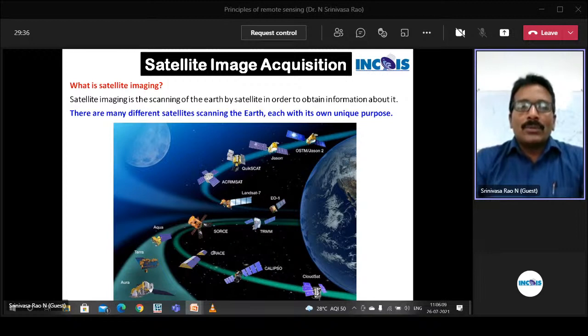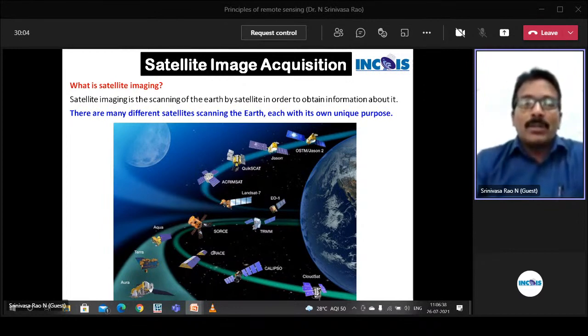Now, if you talk about Earth applications, we classify these into 3 groups. First is land application, then ocean application, and atmospheric application. Once we receive the information from the satellite, based on what kind of information we received, we determine what kind of data is useful for land applications, what kind of data is useful for ocean applications, and what kind of data is useful for atmospheric applications.